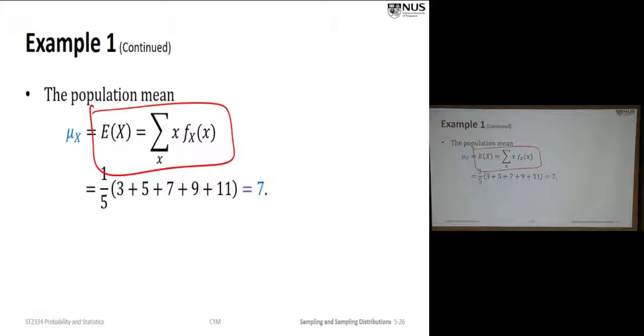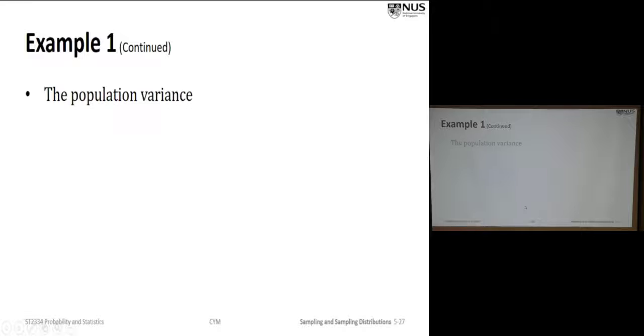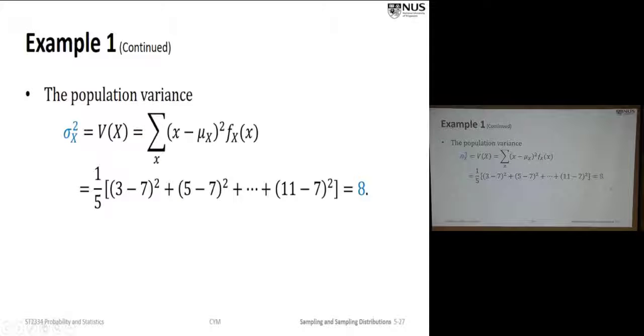In this case, sum up all the values divided by 5. This is true because they are a discrete uniform distribution. All the f of x here are the same in this example, which is 1/5. That's why I take it out. It looks as if I just sum up all the numbers divided by 5. But this is a special case. You must use this formula to get the population mean. So population mean is 7, and population variance is 8. All right.